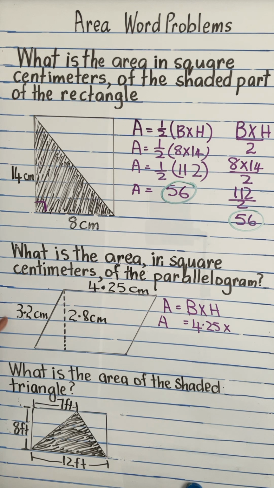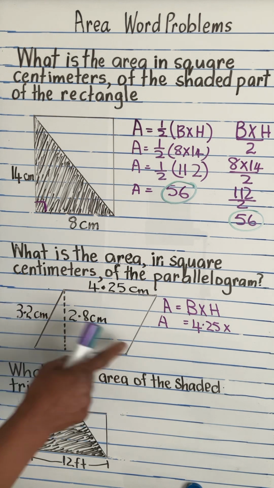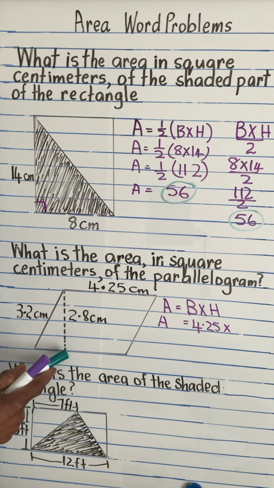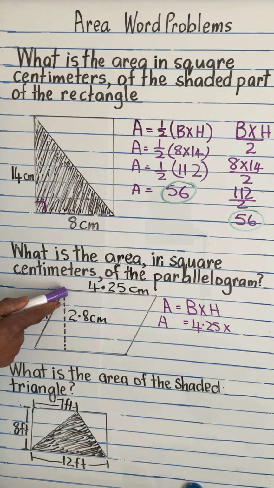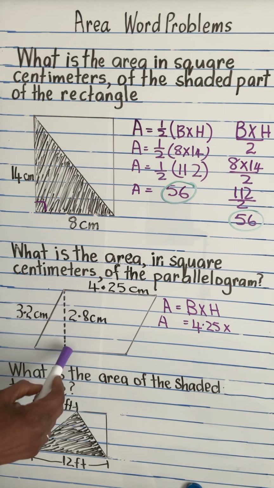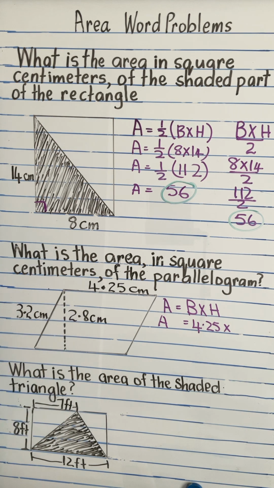But in the parallelogram, we can't just take the side for the height because this is slanted. So what we do, we're going to draw this dotted line here that shows the straight line from the base to the top. And here we have the straight line from the base to the top, and it is 2.8 centimeters.